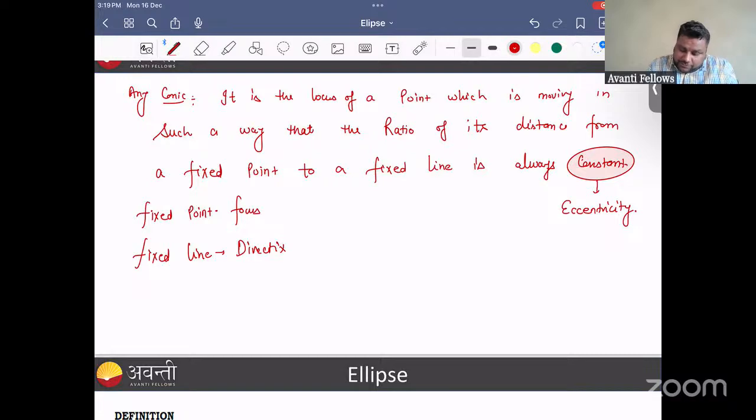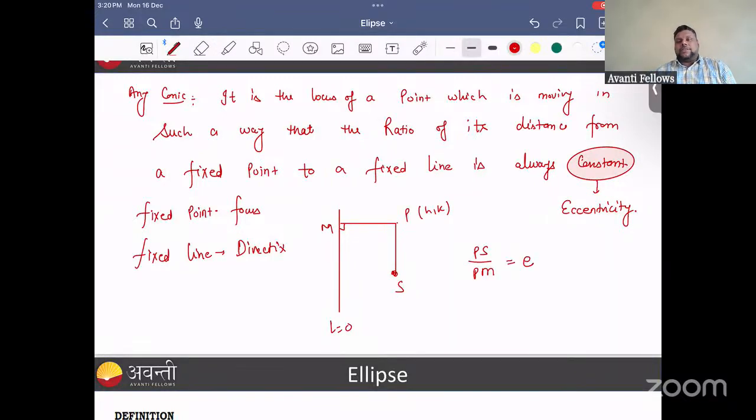Now let us assume this is a fixed line, L equals 0, and this is a fixed point, S. Now a point P is moving in such a way that the ratio of its distance from a fixed point to a fixed line, PS upon PM, is eccentricity E, this constant.